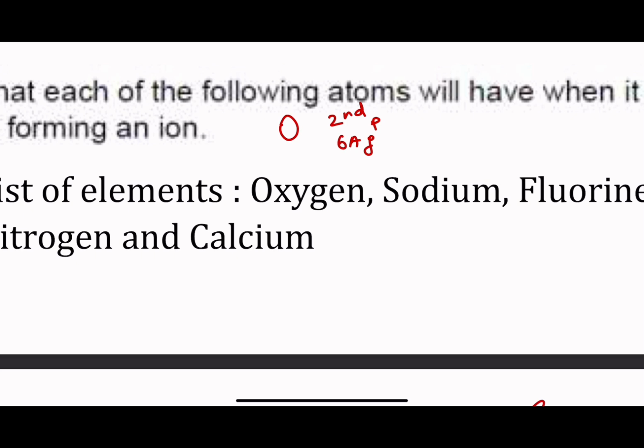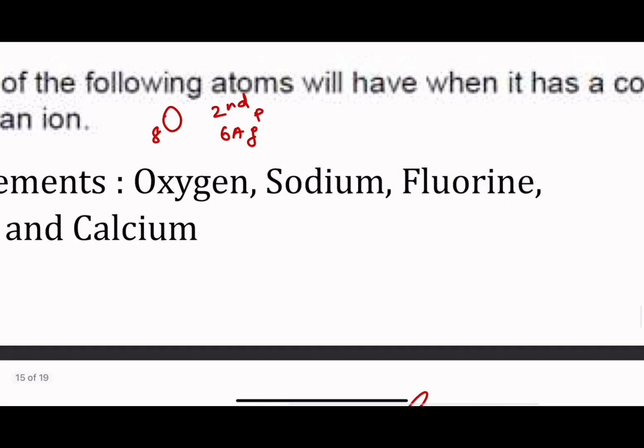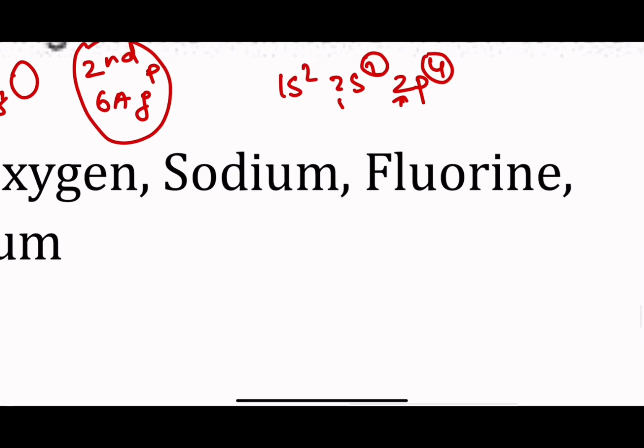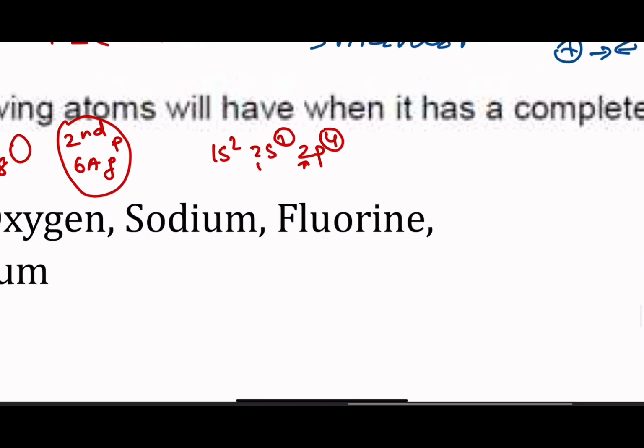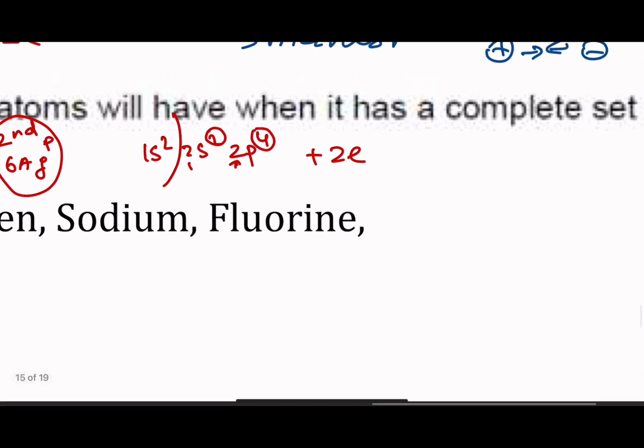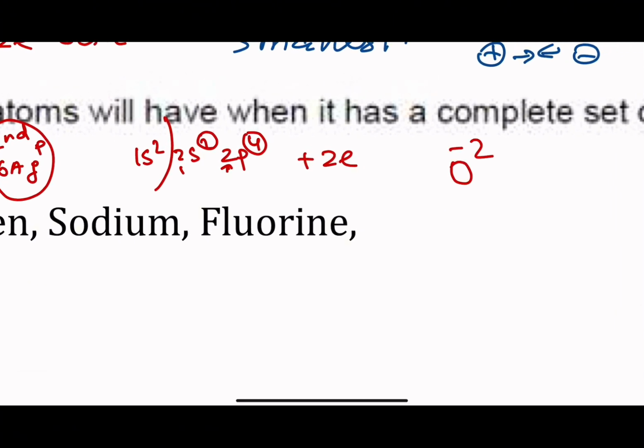And we know that the atomic number is 8. Normally I can just write it 1s2, 2s2, and 2p4, or I can find it by the group location, which is second period and 6A group, just add this 2 and 4, you can get it. So in order to complete the octet, it needs to get 2 electrons. That's why the charge of oxygen will be -2.